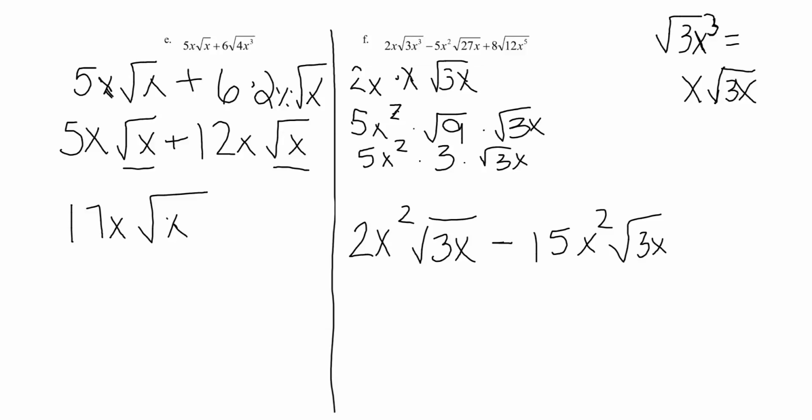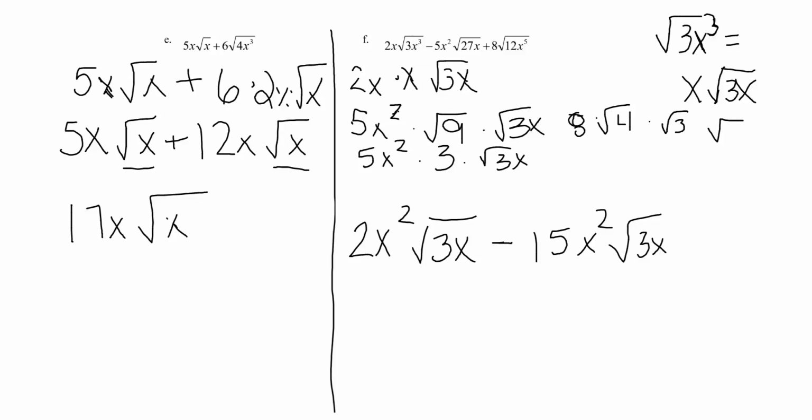Okay. For the last one, let's see here. We have the square root of 12x to the 5th. I know that 4 times 3, again, will give me 12. So if I break it down, I'm going to keep my 8. I'll do the square root of 4 times the square root of 3. And my x to the 5th. 2 goes into 5, 2 whole times with 1 left over.